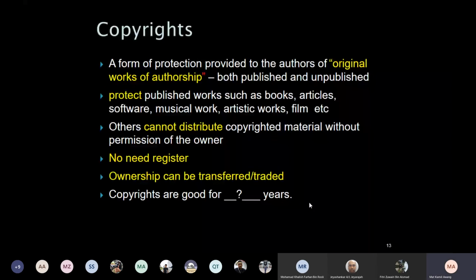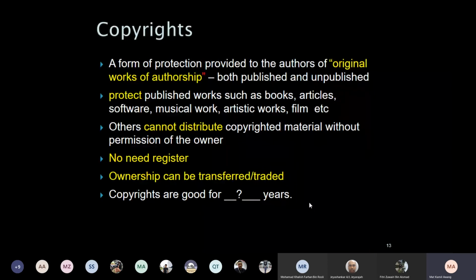So one way, the poor man's way of protecting a copyright is, let's say you have a software that you do. So you print out the source code.